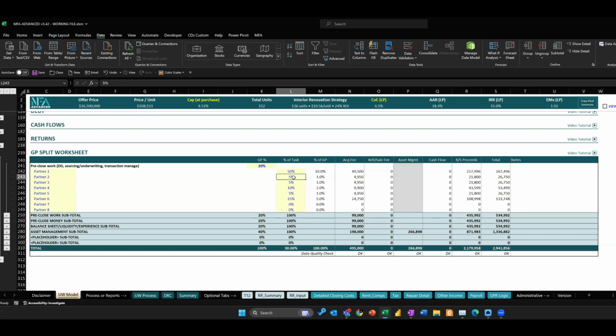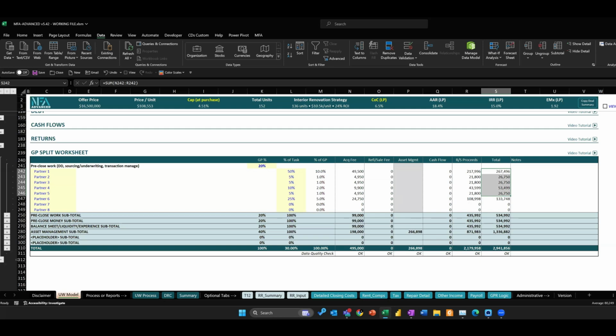And then you start breaking out the splits, and it breaks out the acquisition fee. If there's any cash flow, so this deal is not cash flowing. If there are any refi sale proceeds, fees, refi sale fees or refi sale proceeds, and then the total amount expected. So you can do this work for each bucket of work, right?